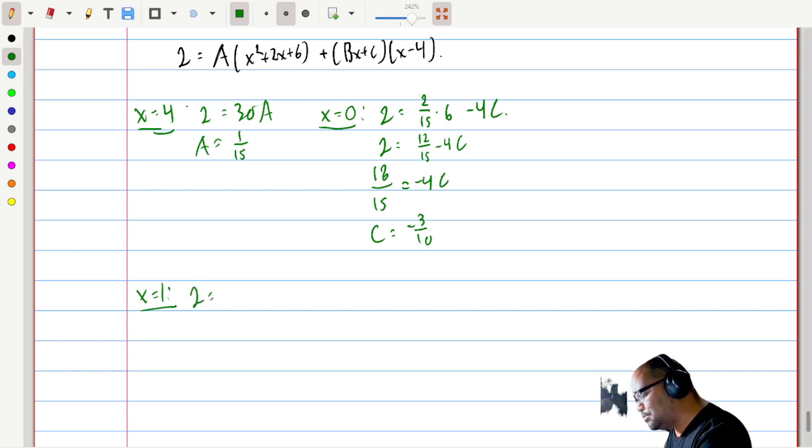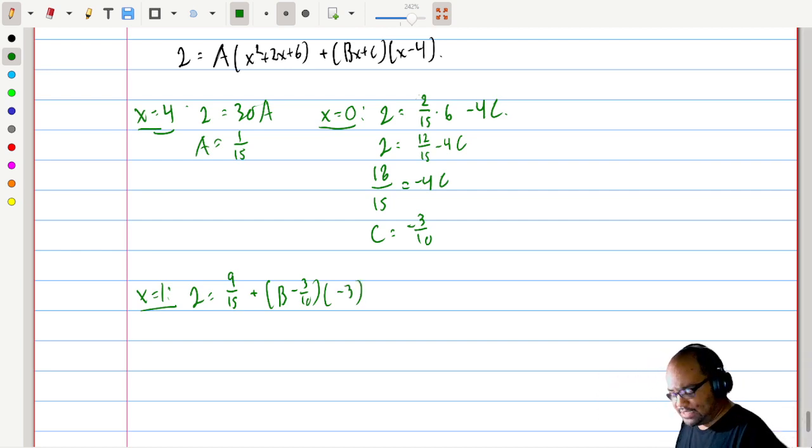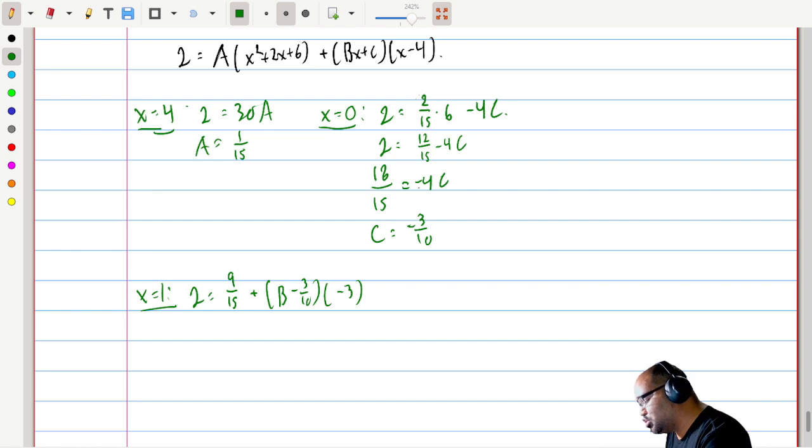On the right, 6 plus 2 is 8, plus 1 is 9, so 9 over 15 plus B minus 3 over 10 times -1 minus 1 minus 4 is -3. And this is the annoying part, just the algebra. 30 over 15 minus 9, that's 21 over 15. Minus 3B plus 9 over 10.